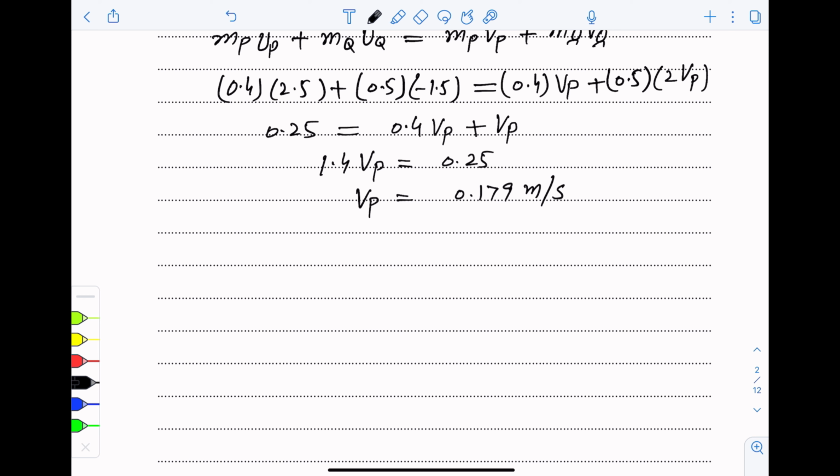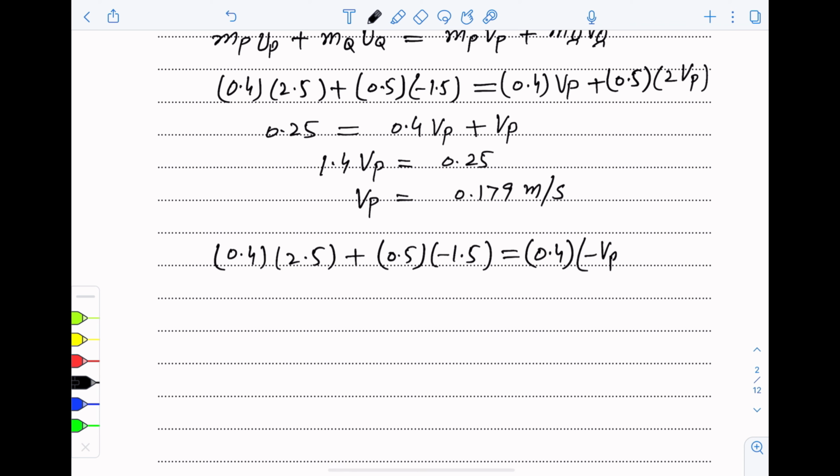So this becomes 0.4 into 2.5 plus 0.5 into minus 1.5. On the right side, 0.4 Vp, we will take negative, plus 0.5 into 2 Vp. This is the speed of Q after the collision.